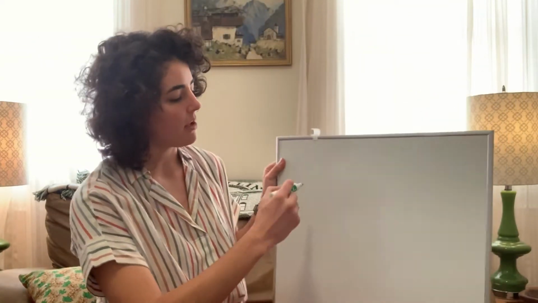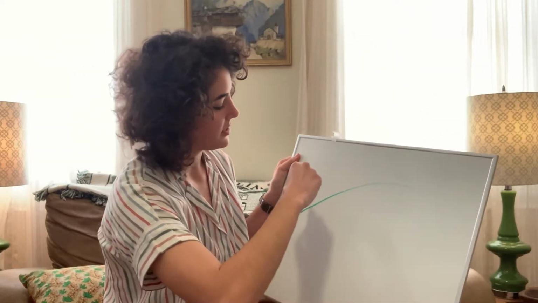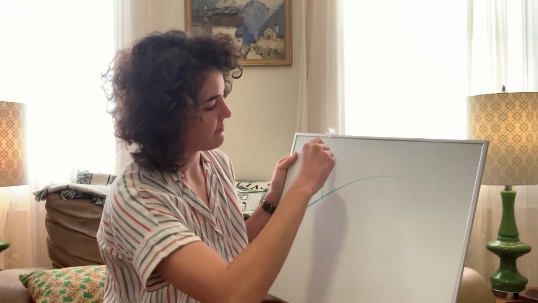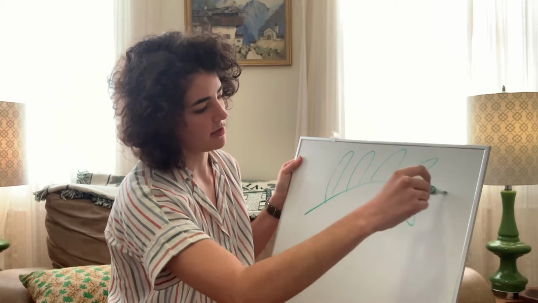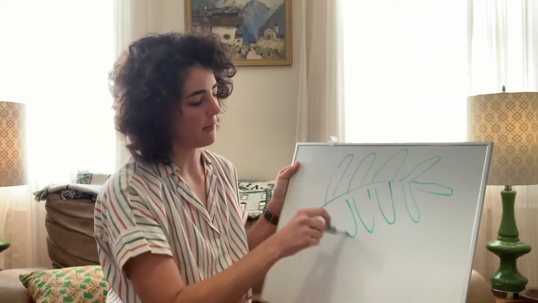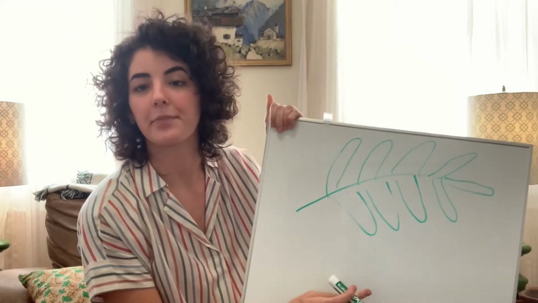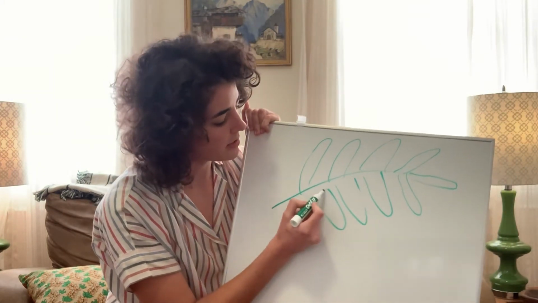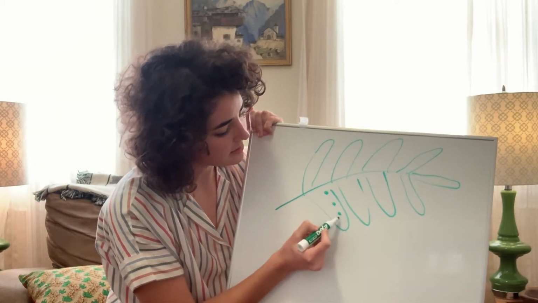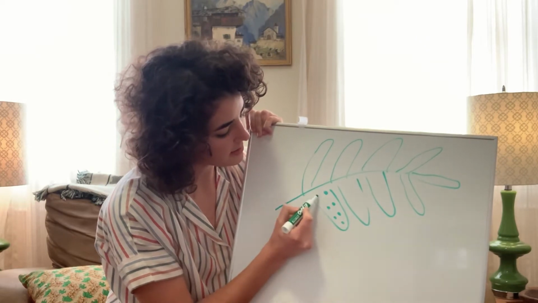If you remember, they've got their two life stages, the sporophyte and the gametophyte. The fern itself is the sporophyte. So this is a fern, more or less. Kind of. Okay. Anyways, so this is a fern. And if you look on the underside of a fern's frond, you will see these little dots like this.